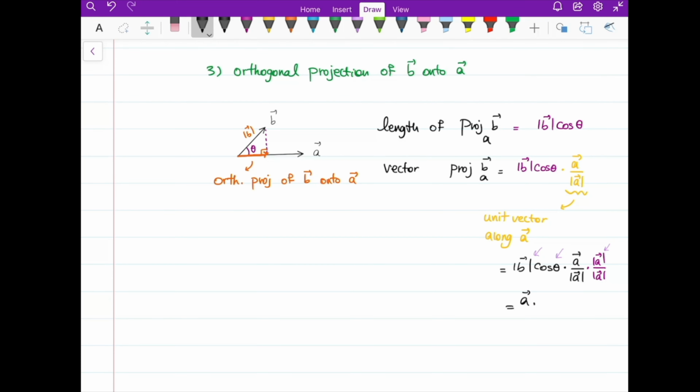So it would be A dot B, over the length of A squared, times the vector A. This is just a number, so it's a scalar times A. This is the vector projection of B onto A. This is the actual vector orthogonal projection, and we use the dot product to find that, and the length of that would be this. Okay, good.